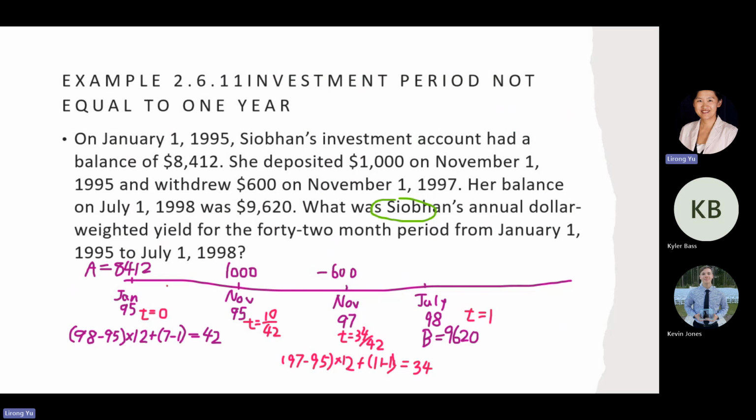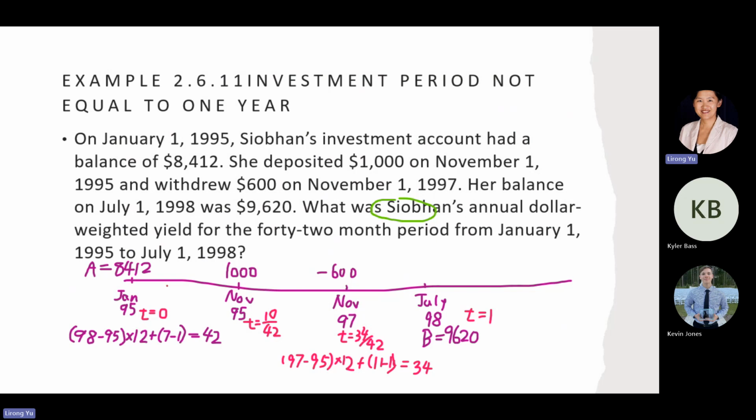The beginning is January 1st, 1995, and the ending is July 1st, 1998. So 98 minus 95 is the number of years. Number of years times 12 is the number of months. And then the ending month is July and the beginning month is January, so 7 minus 1 is 6. So the total number of months is 42 months. From the beginning 8,412 to the ending 9,620, the total time is 42 months.